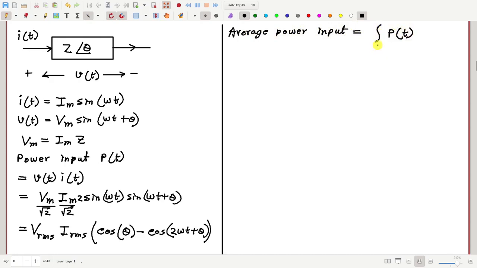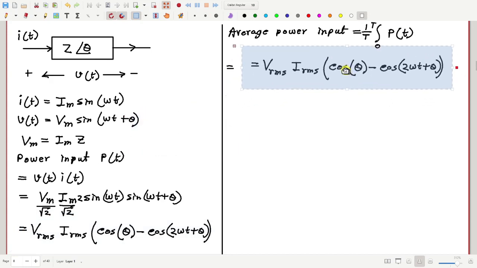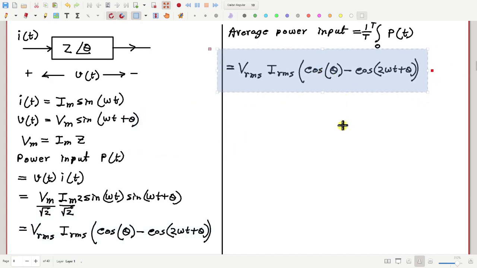So integrate that over time, say 0 to T, and then divide that by the time period, capital T. Let me copy and paste this. Vrms and Irms are constants, so they are outside the integration.